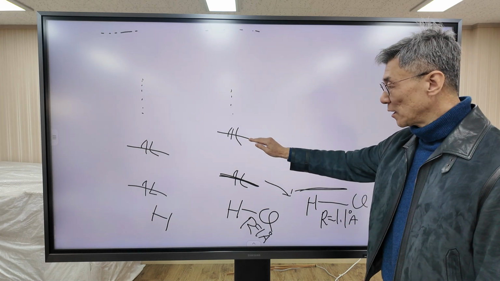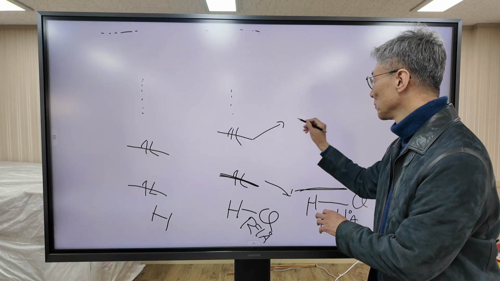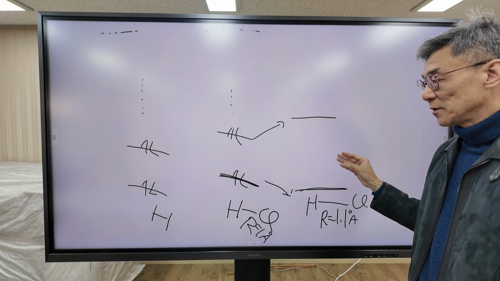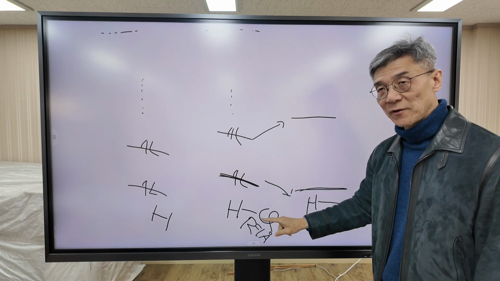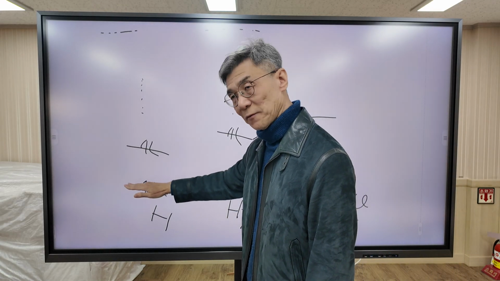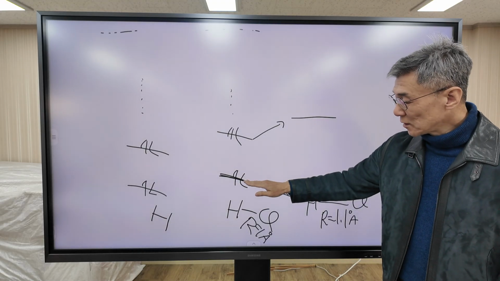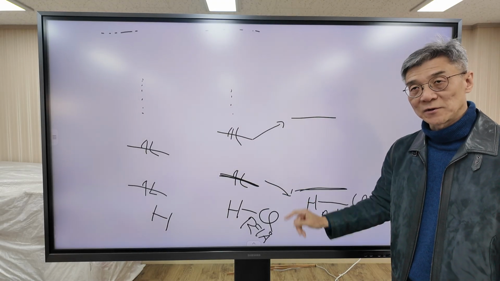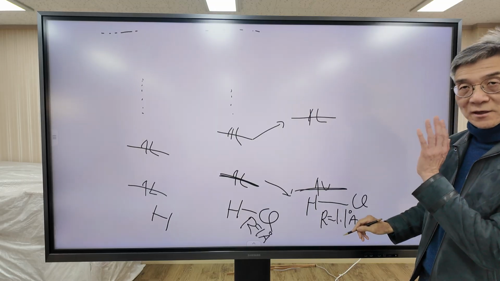This orbital energy level also changes. Sometimes it increases. Anyway, the important point is that the molecular orbital energy level depends on R. It is very important. For atomic orbitals, it is fixed, but for molecular orbitals, the energy depends on R. It is very, very important. But the electron configuration does not change.